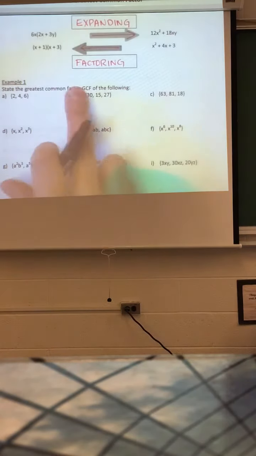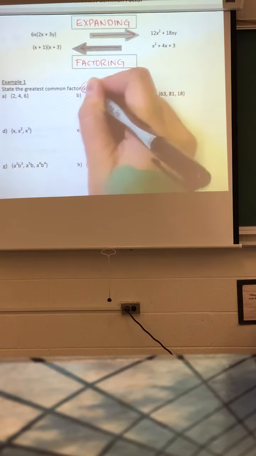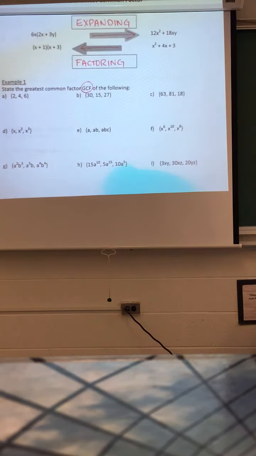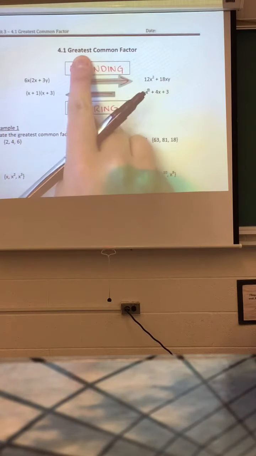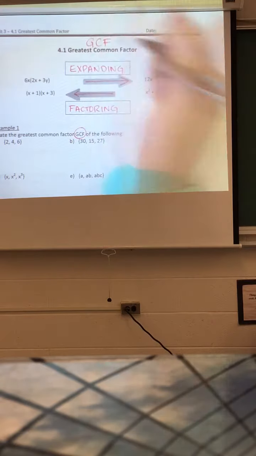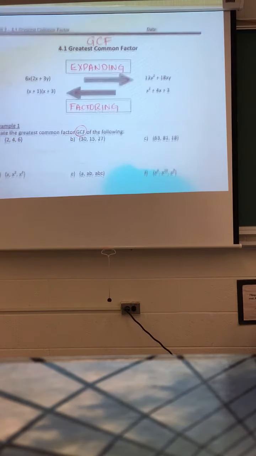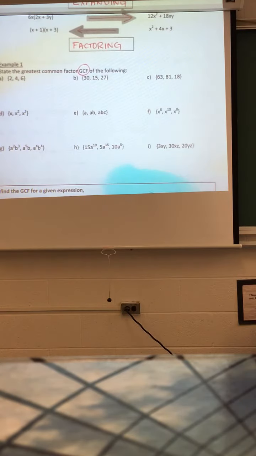Now, in example 1 here, it says state the greatest common factor, or GCF, okay? So you need to know that short form, that GCF stands for greatest common factor. And we're going to try and find the greatest common factor between all of these.